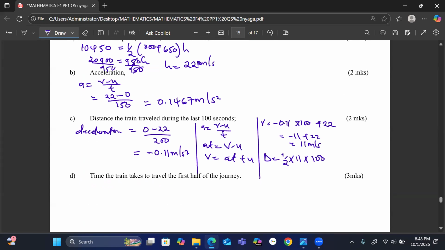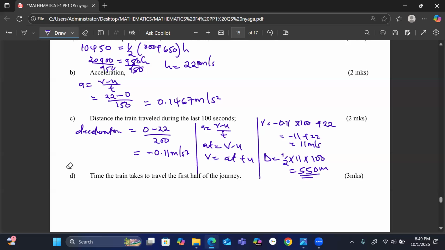So we shall have our D will be equal to 550 meters. So that is now the distance.